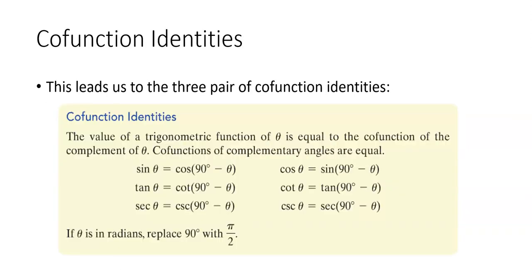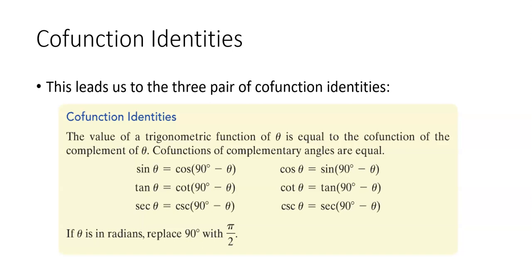If you want it done in radians, there it is in radians. So they call them the cofunction identities, right? Because sine and cosine, tangent and cotangent, secant and cosecant are complementary functions. The other thing, too, is that if you have something in radians, then the 90 gets replaced with a pi over 2.